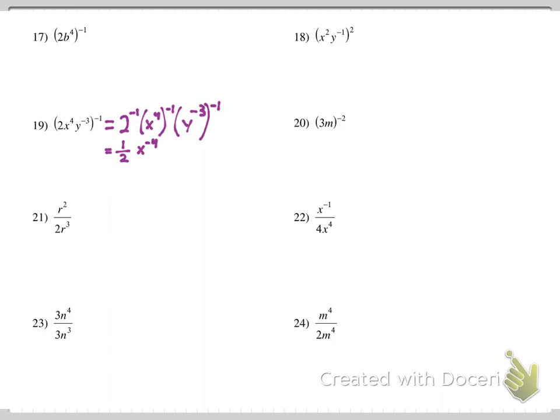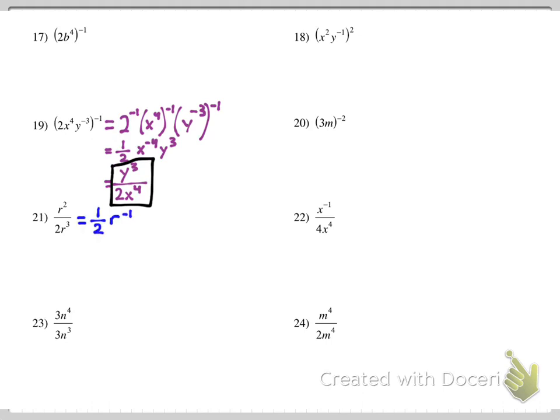You get negative 4. Also, y to the negative 3rd to the negative 1st, that negative 3 and negative 1 multiplied together, and a negative 3 times negative 1 is positive 3. So we end up with this. The x to the negative 4th has to be in the denominator, so the best way to write that is put your y to the 3rd in the numerator and 2x to the 4th in the denominator, because 1/2 has the 2 in the denominator.